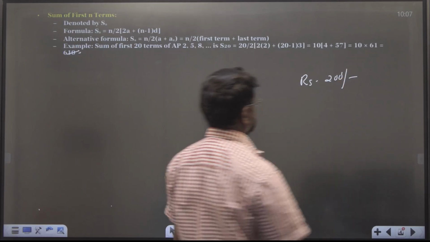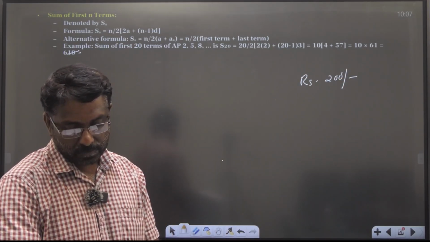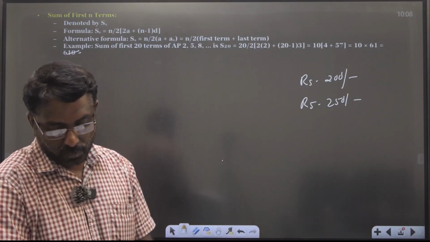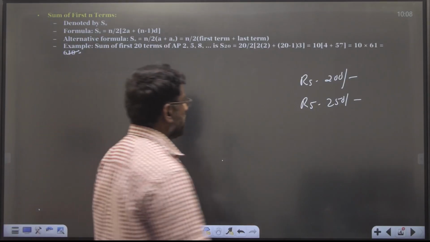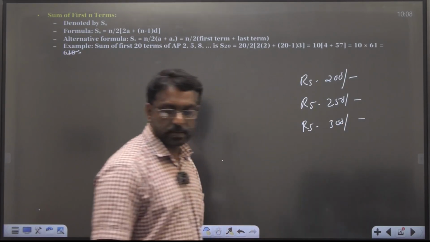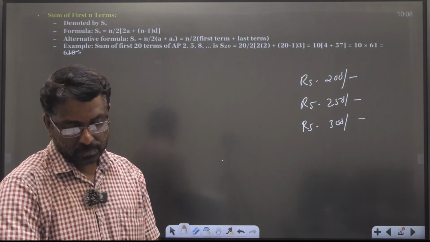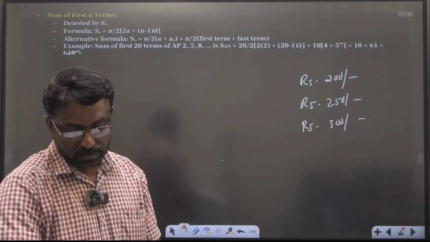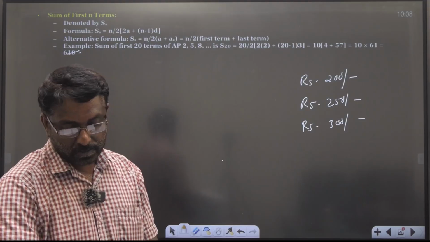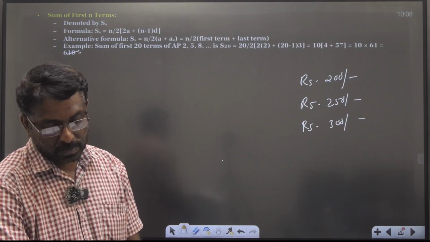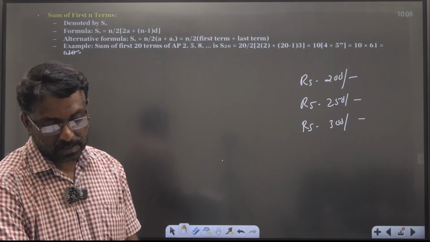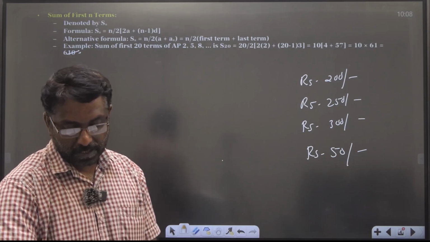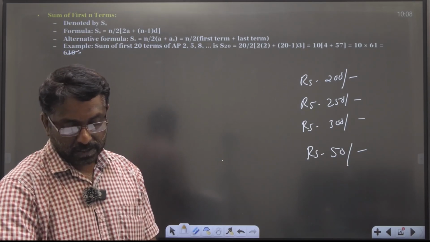Rupees 200 for the first day, rupees 250 for the second day, rupees 300 for the third day, etc. The penalty for each succeeding day being rupees 50 more than for the preceding day.